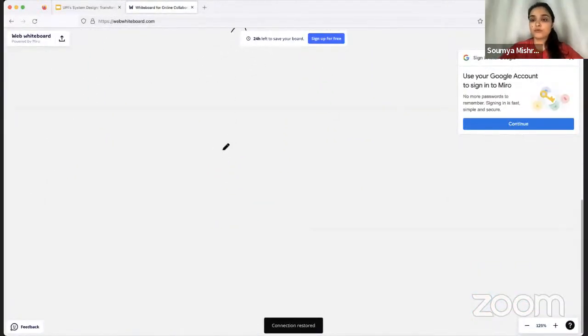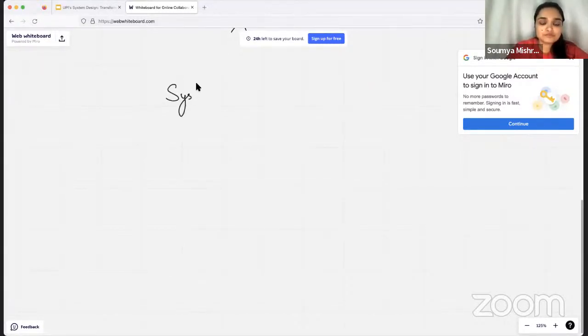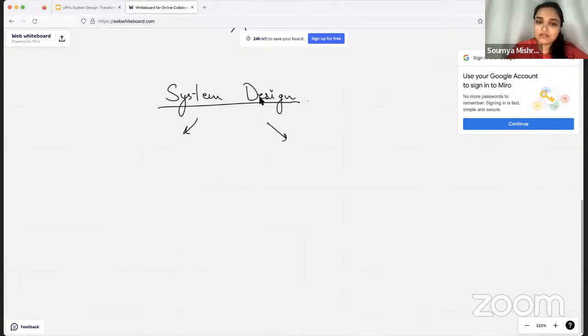When we talk about system design of any app, Google Maps, Gmail, YouTube, WhatsApp, any app. First, let us try to understand what a system is, and then we'll take the term design.